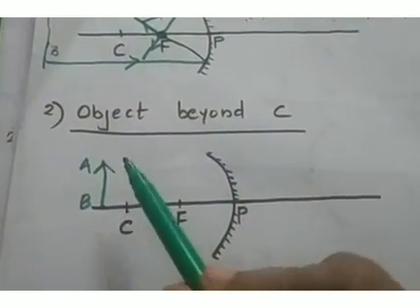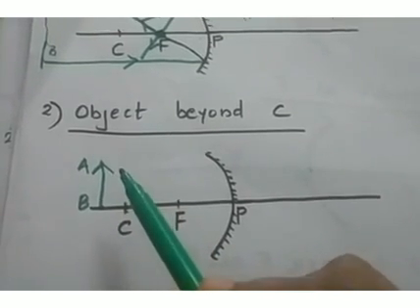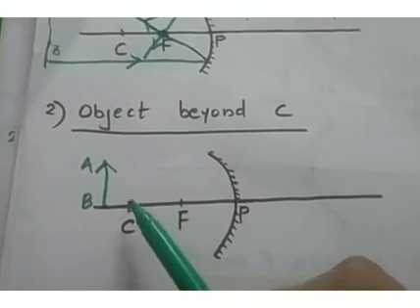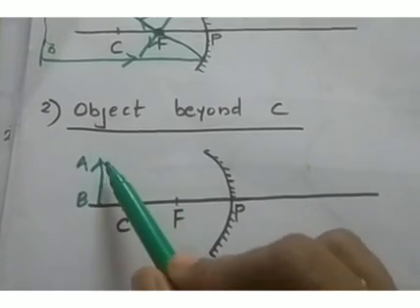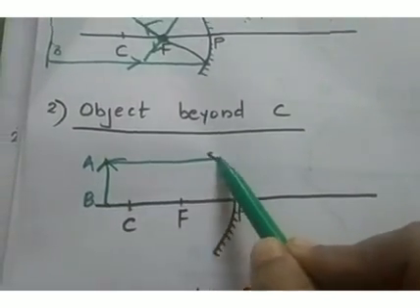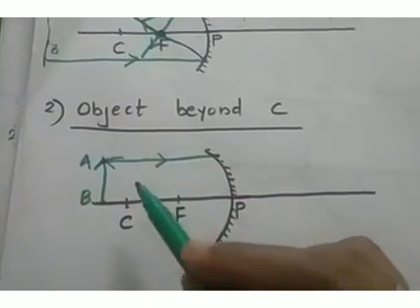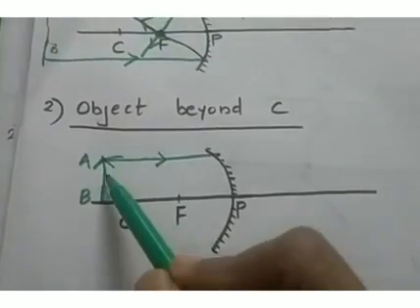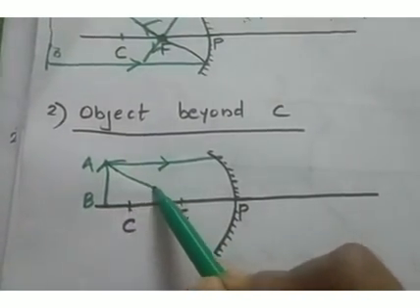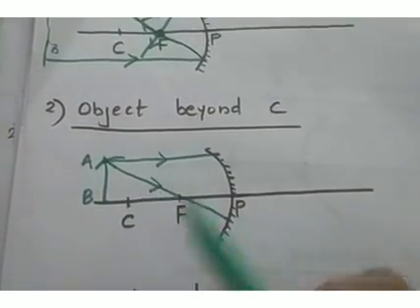And I told you this object emits infinite number of light rays, but we will select only 2 among them in order to trace the ray diagram. So here I am going to select the first ray, that is the parallel ray. This is one ray, and for another ray I am going to select the ray passing through focus.